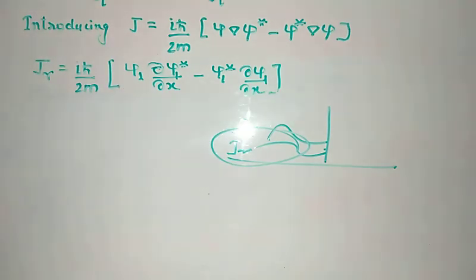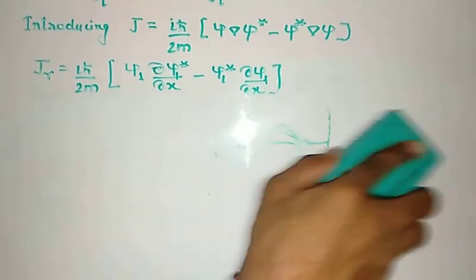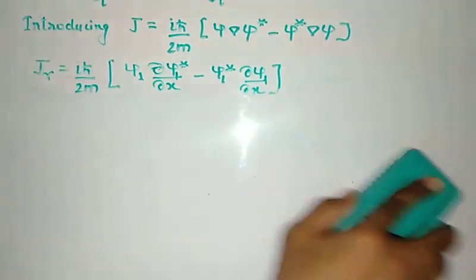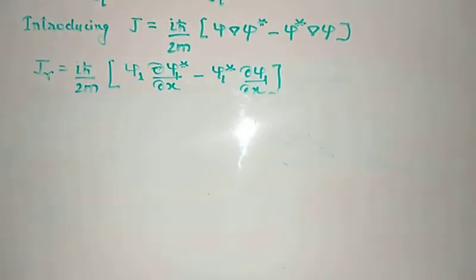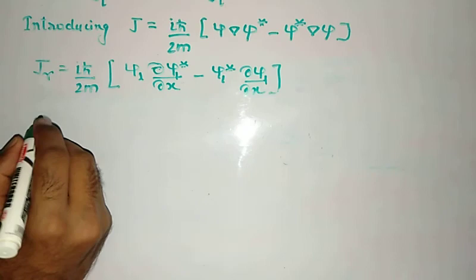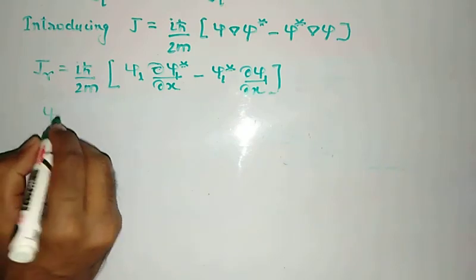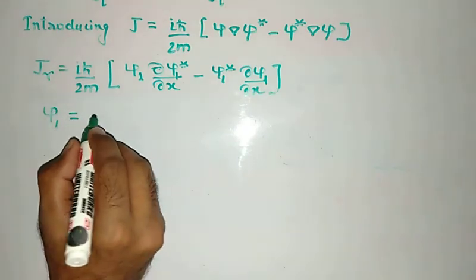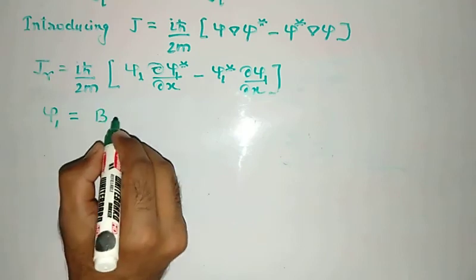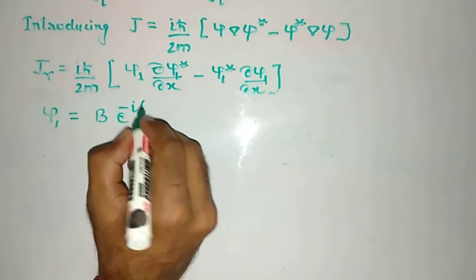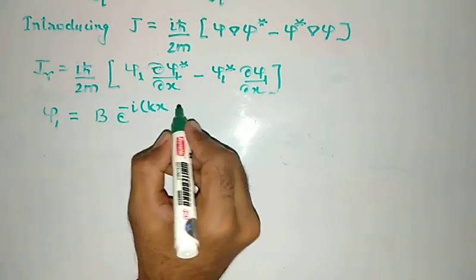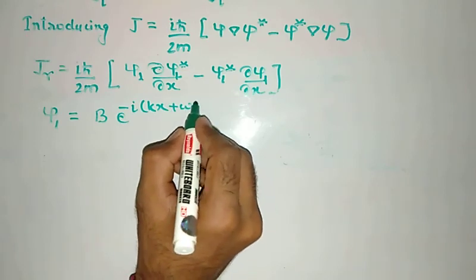So now the calculation for Jr. Consider psi 1. What will you take now? Obviously b e to the power minus I kx plus omega t.